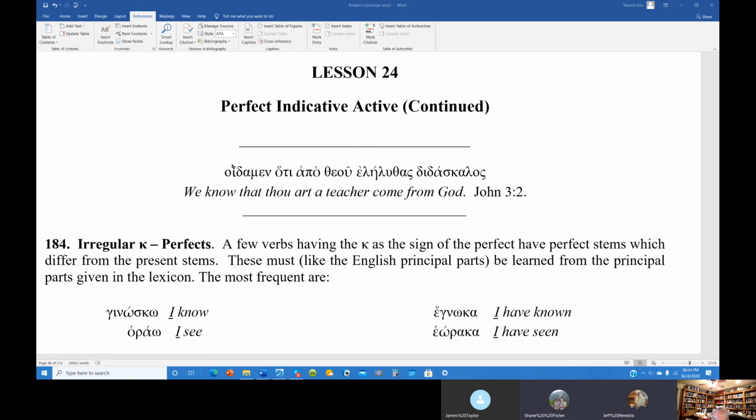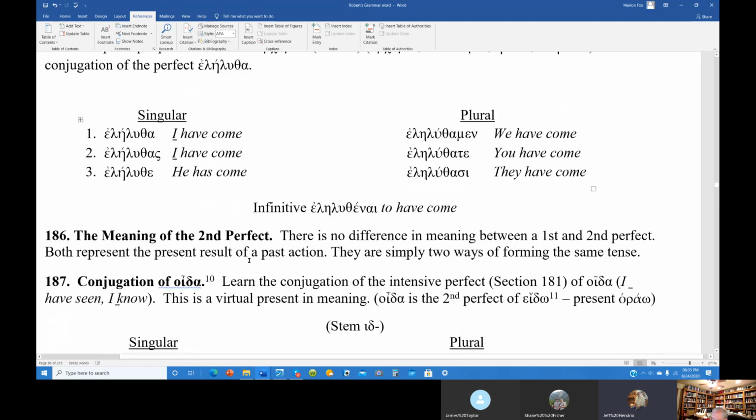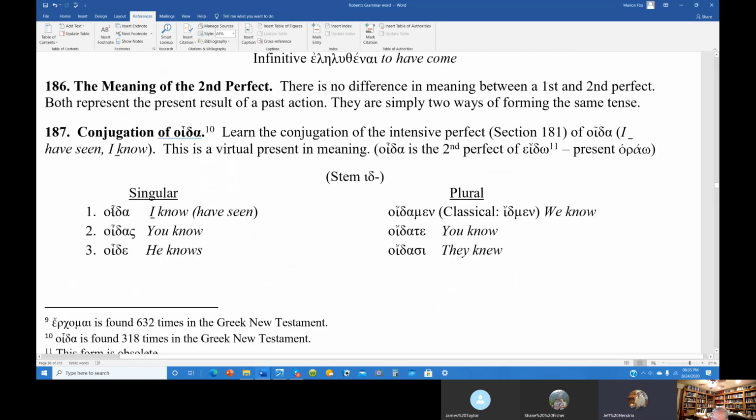Now, this is a new word for us, oidamen, and it comes from the word oida. That's one of our words we have down here, oida, which is kind of an odd word in a sense, because it is irregular in the sense it doesn't have a present tense form.